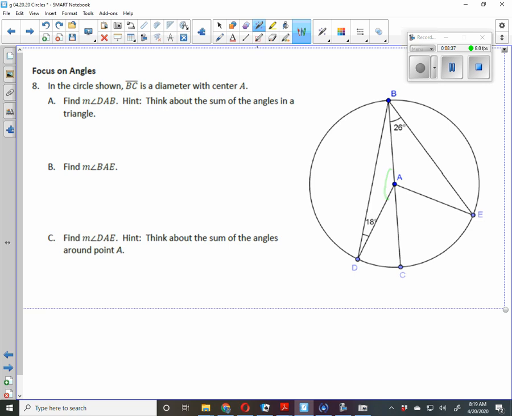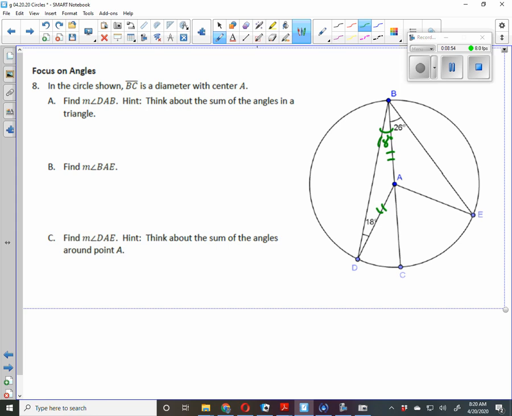Well, this is kind of interesting. So we know that all radii are congruent, correct? And those two are both radii. That means that this angle here is also 18 degrees.